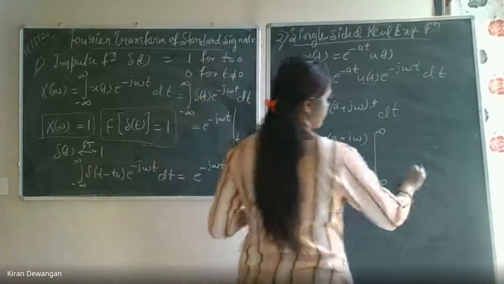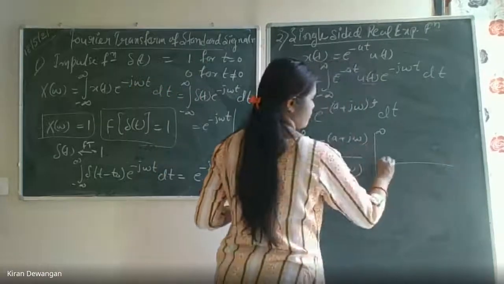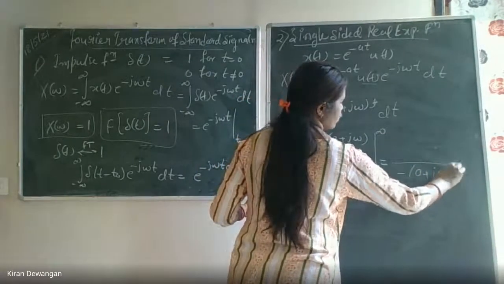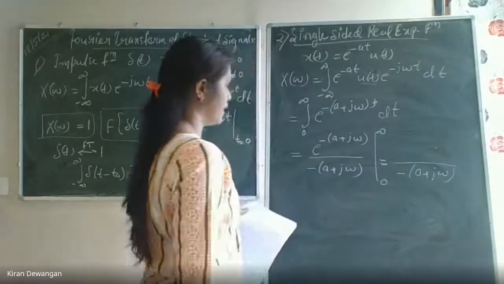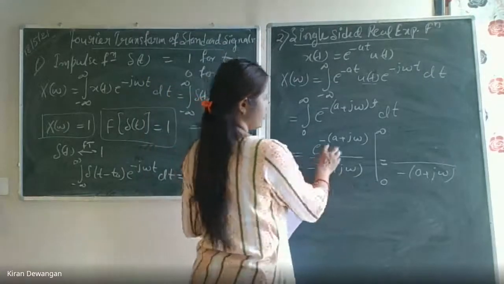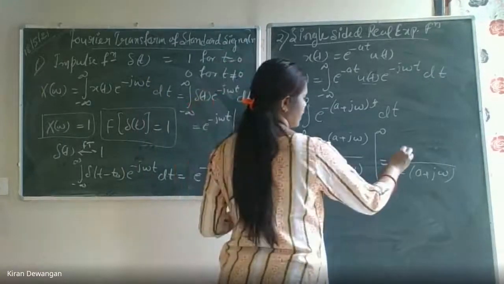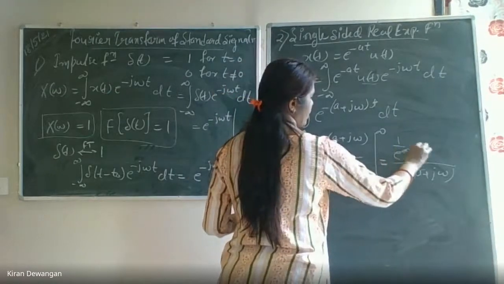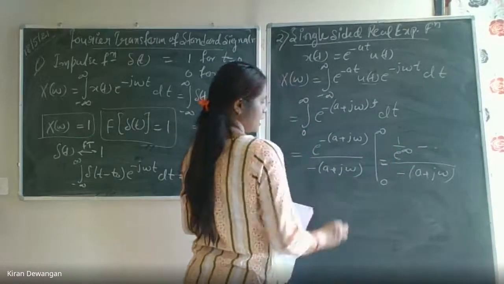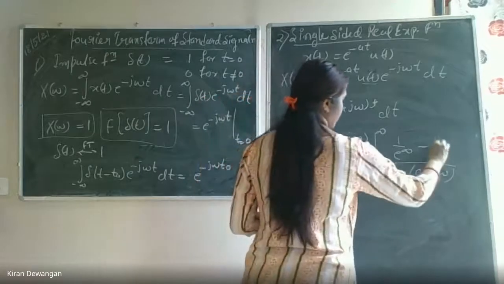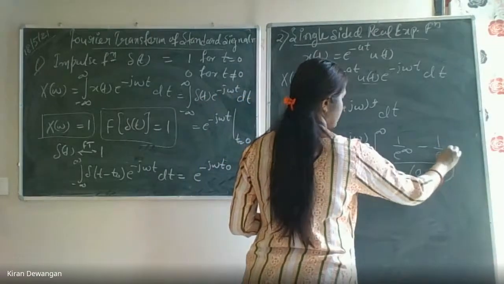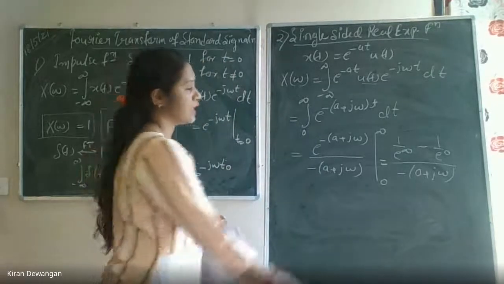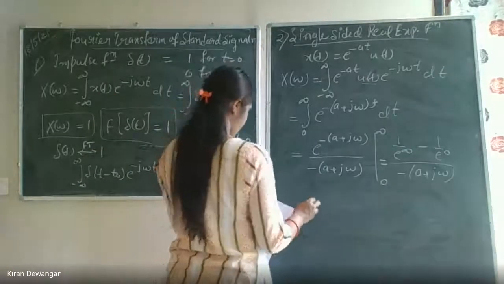And what is it? Minus a plus j omega in the denominator will be taken as it is. This is e to the power minus infinity. ठीक है, e to the power minus infinity मतलब 1 by e to the power infinity, minus e to the power minus 0, तो 1 by e to the power 0. तो कितना आएगा इसका आंसर? ये x ओमेगा will be what?